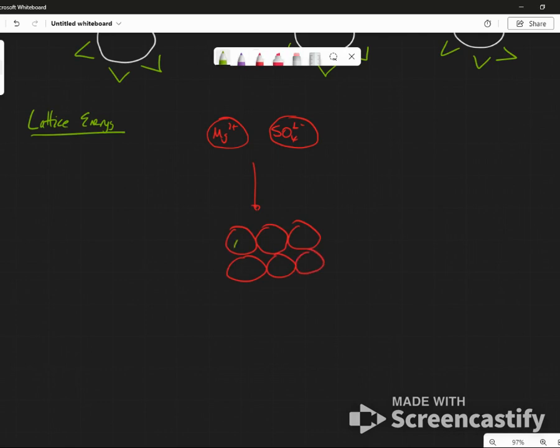Now, these ones are Mg2+, Mg2+, and Mg2+. These ones are SO4 2-, SO4 2-, SO4 2-. When these gaseous ions come together, they form the solid. So up there we've got ions, down here we've got magnesium sulfate solid.